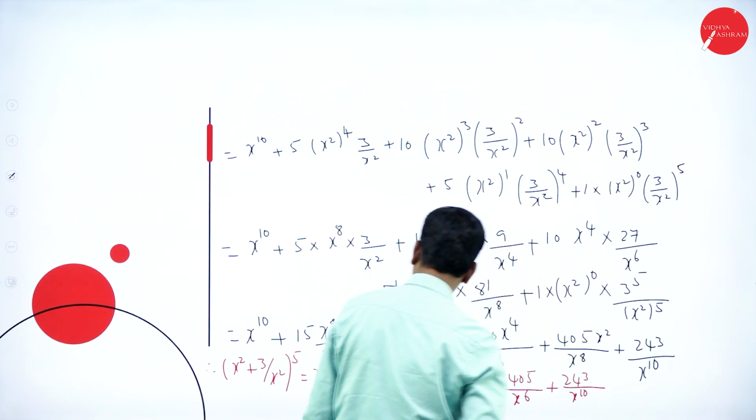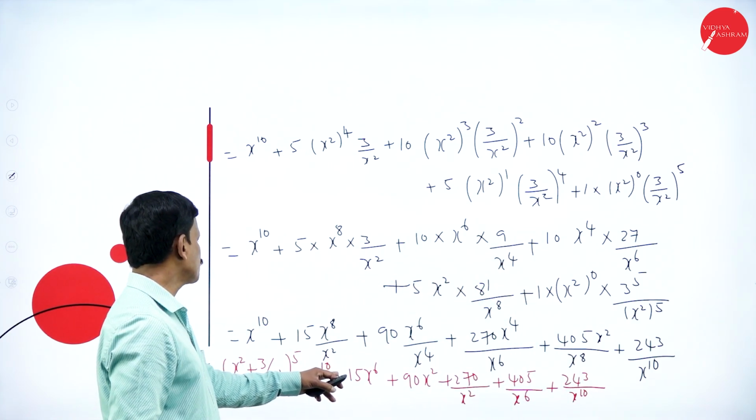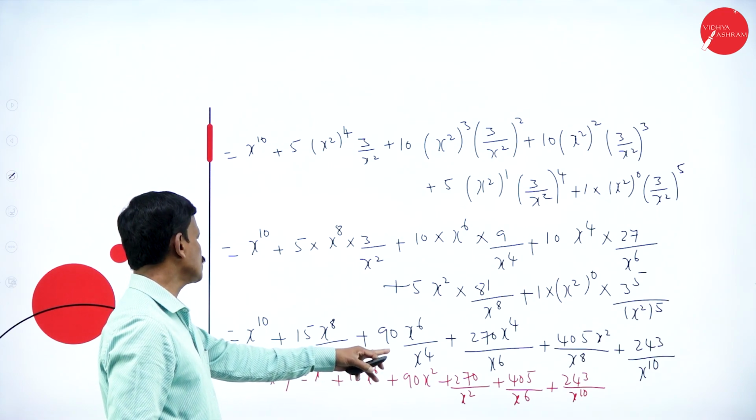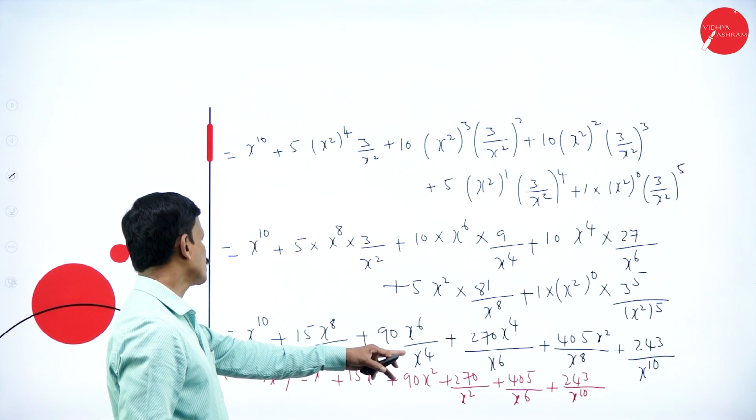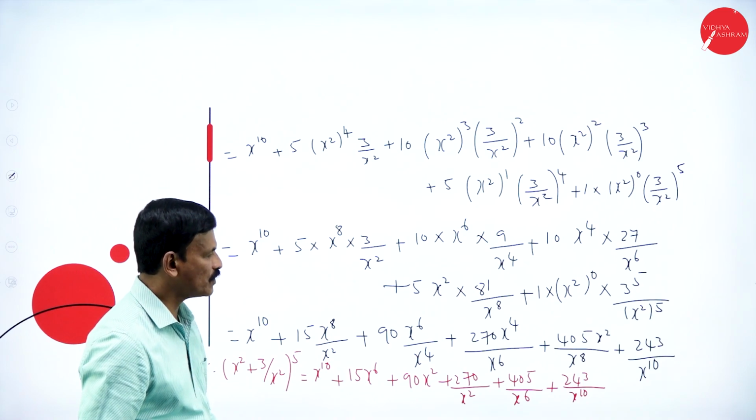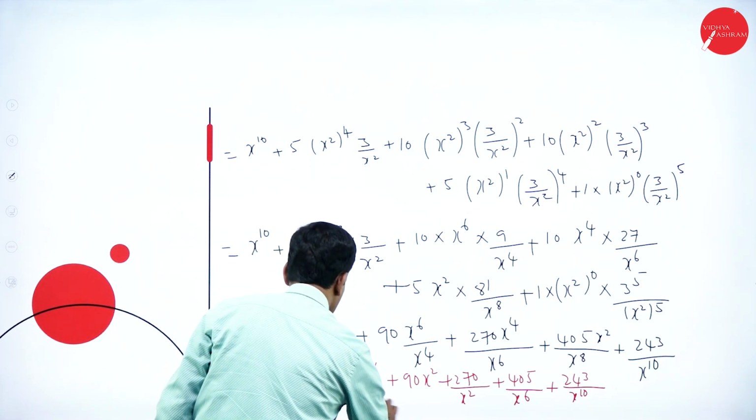So that's all. So x power 10, 15 x power 6, 90 x square, 270 by x square, 405 by x power 6 plus 243 by x power 10 is the required answer.